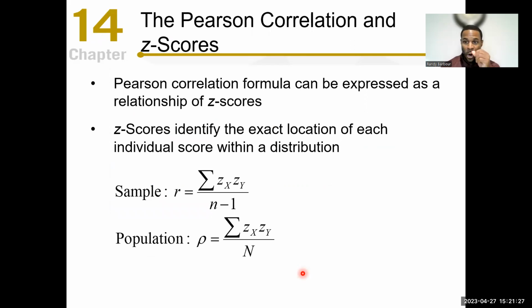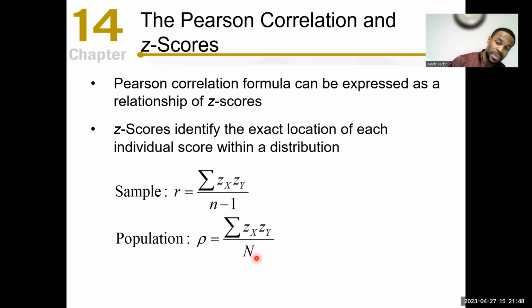So when we talk about the Pearson r correlation, you can also use z-scores to calculate your Pearson r for your sample, which is that r, and this is considered what we call the population or the rho. So the rho and the r are equivalent, just one notation is for the sample, and the other is for the population.